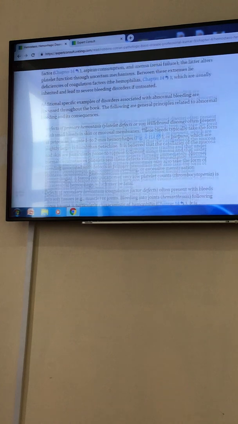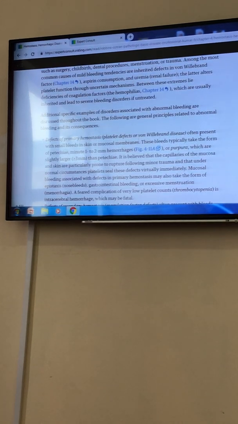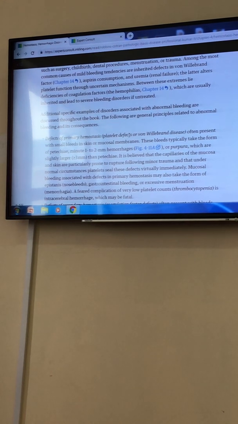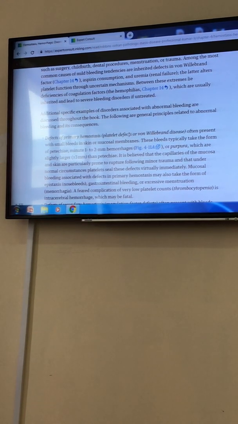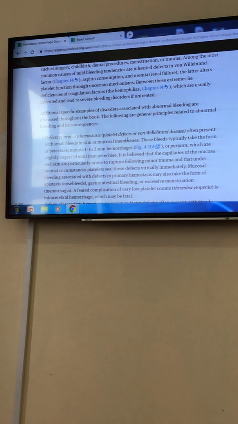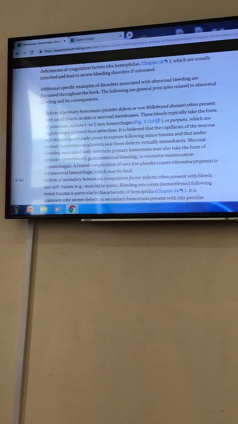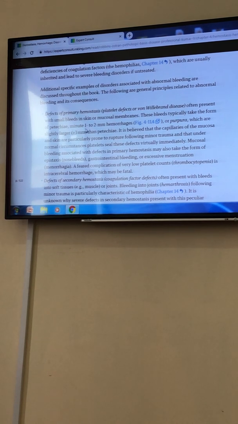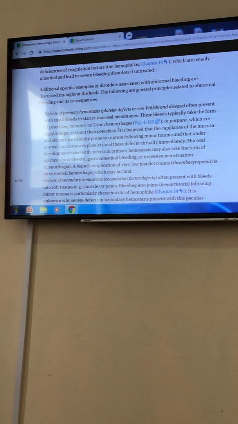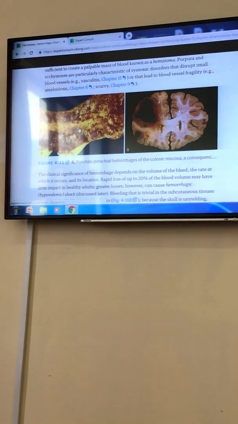A patient with von Willebrand disease, or low platelet number, which is called thrombocytopenia, or dysfunction of platelets such as Bernard-Soulier or Glanzmann, typically has very tiny hemorrhages on the skin, which are called petechiae. Petechiae are small, 1 to 2 millimeter hemorrhages, as in this picture.